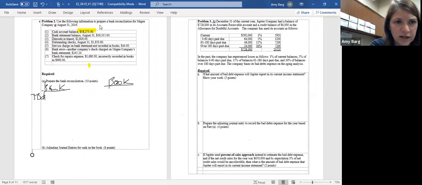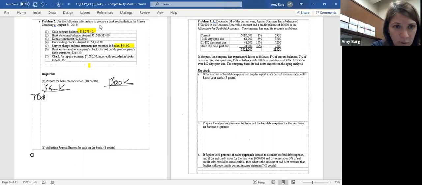The deposits in transit, that is also a bank statement account. The outstanding checks go on the bank statement, but the service charge on the bank statement not recorded in the books, that's something that the bank recorded that the book has not yet recorded. So if the book hasn't recorded it yet, that means we need to put it in the book. So that's going to be a book thing.